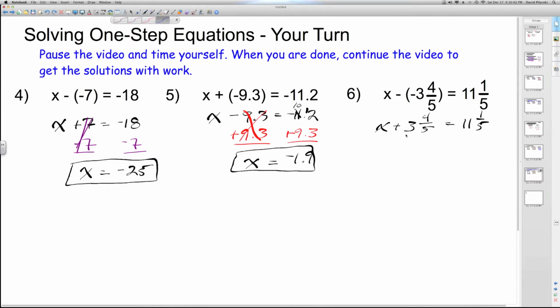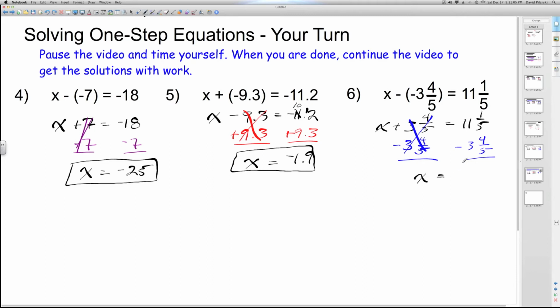You should recognize now, since x is being added to 3 and 4/5, we'll use the subtraction property to subtract 3 and 4/5 from both sides. The 3 and 4/5 on the left cancel, leaving us the x, the variable isolated all by itself.